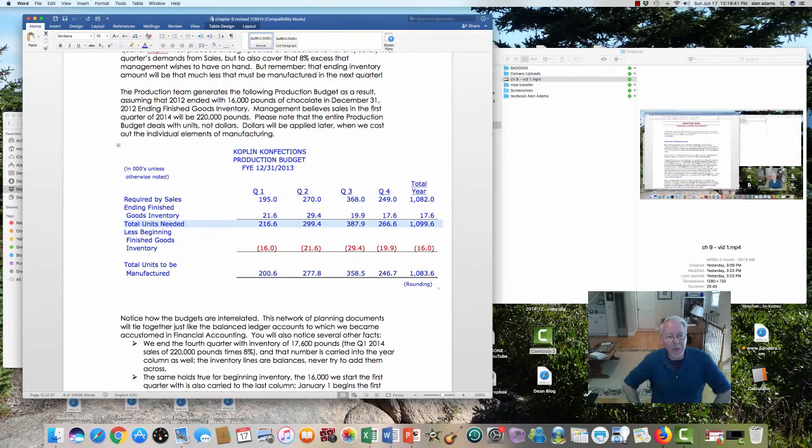So even though we think initially we'll have to make 216,000 pounds, we already have 16,000 sitting in the warehouse. So I'm going to deduct it. Any beginning finished goods inventory that we have, we deduct. So we only have to make, in the first quarter, 200,600 pounds.